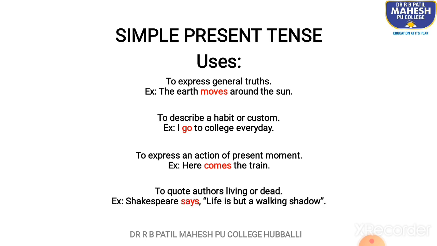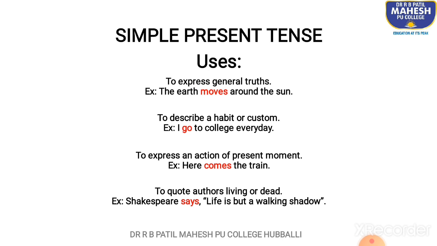Now, to quote authors living or dead. Whenever we quote some authors, whether they are living or dead, we are supposed to use the simple present tense. Example: Shakespeare says, life is but a walking shadow.